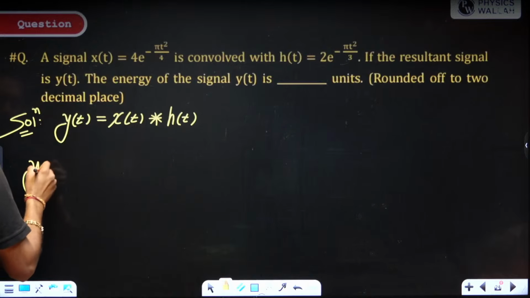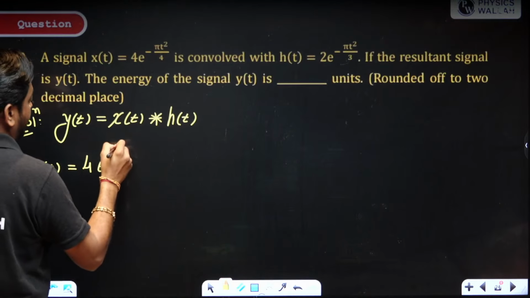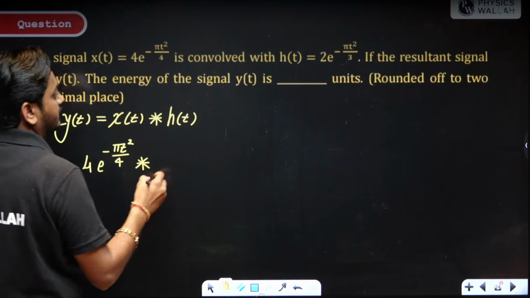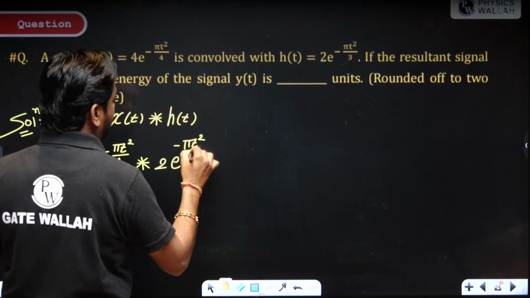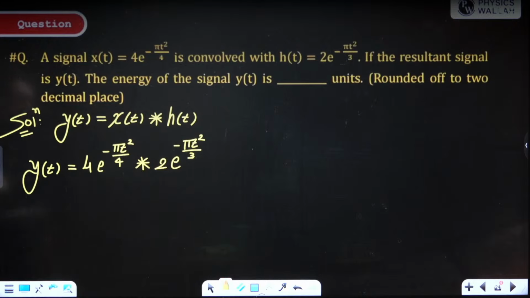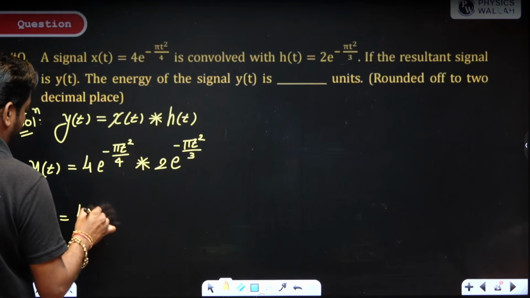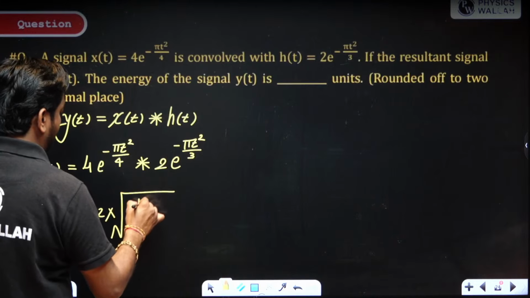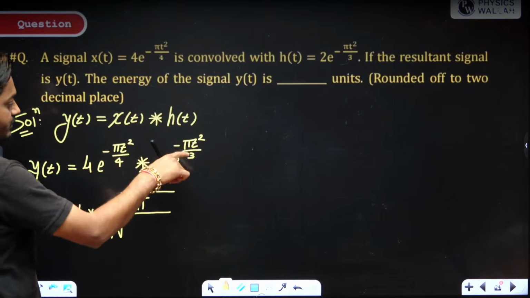Yesterday I told you the formula. Here y of t is equal to 4 e to the power minus pi t square by 4 convolved with 2 e to the power minus pi t square by 3. Now, already I told you, y of t is equal to k1 into k2, 4 into 2, times under root of pi upon a plus b, where a equals pi by 4, b equals pi by 3.